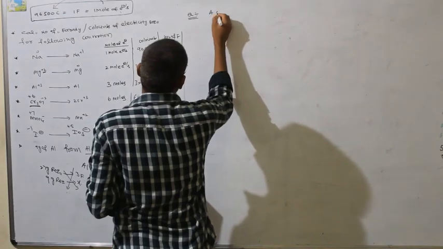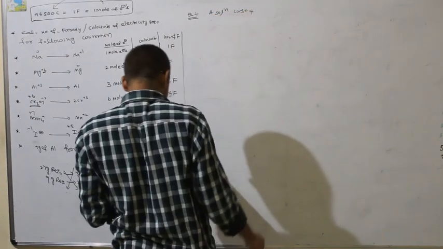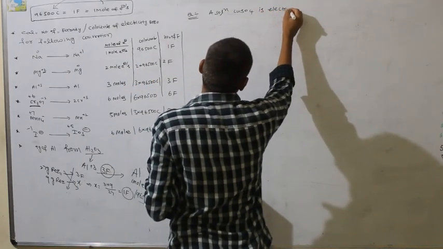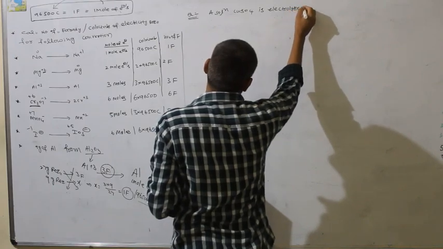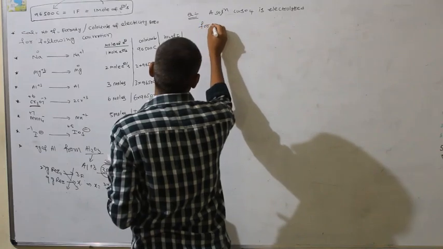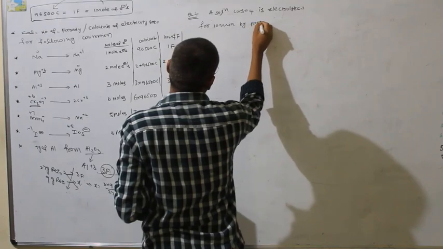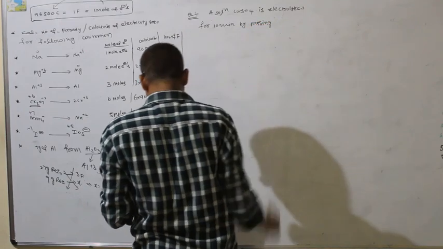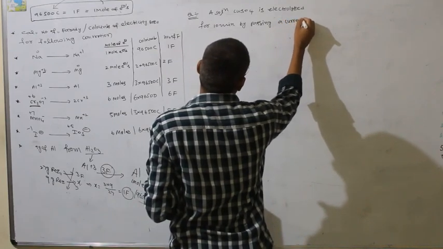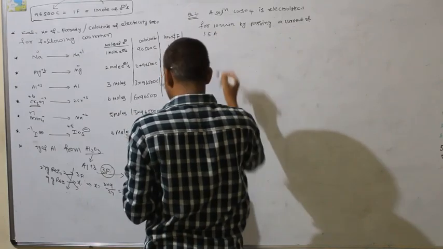A solution of copper sulfate is electrolyzed for 10 minutes by passing a current of 1.5 ampere.